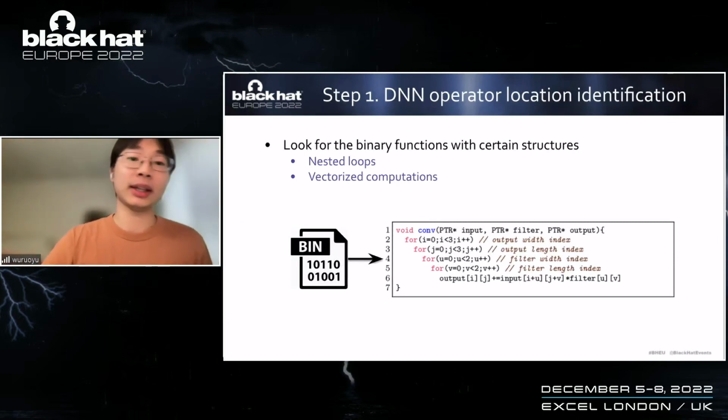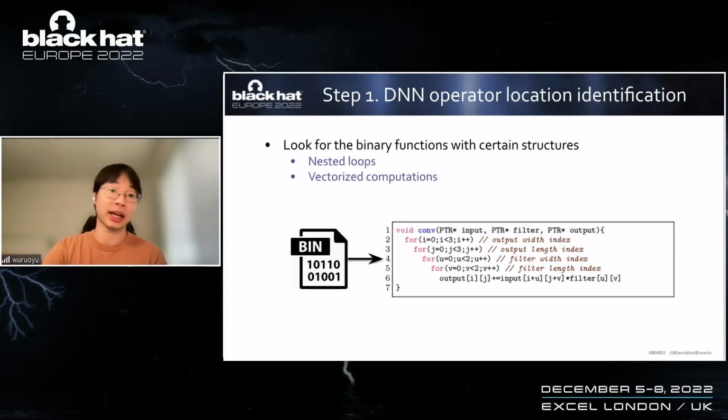Let me give some more details of each step. In the first step, we locate the binary functions that implement the DNN operators. Essentially, we look for binary functions with certain structures: functions that have nested loops and vectorized computation.